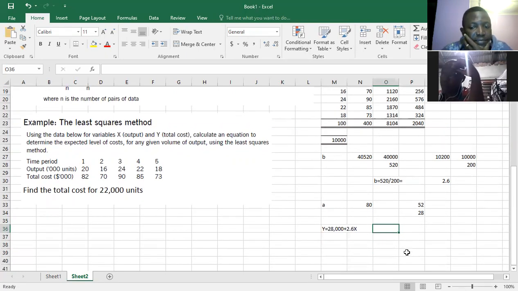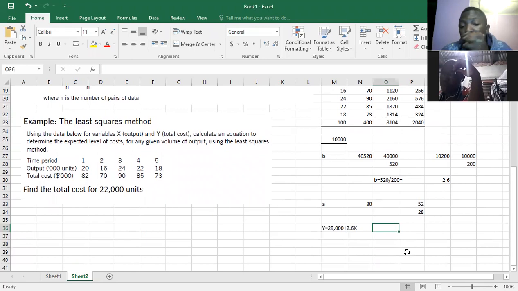Okay. So now, how do you use this equation? You use this now to forecast, to predict. That's why I say find the total cost if we produce 22,000 units. Now remember that the units are X because they are the cause, while the cost is the effect.